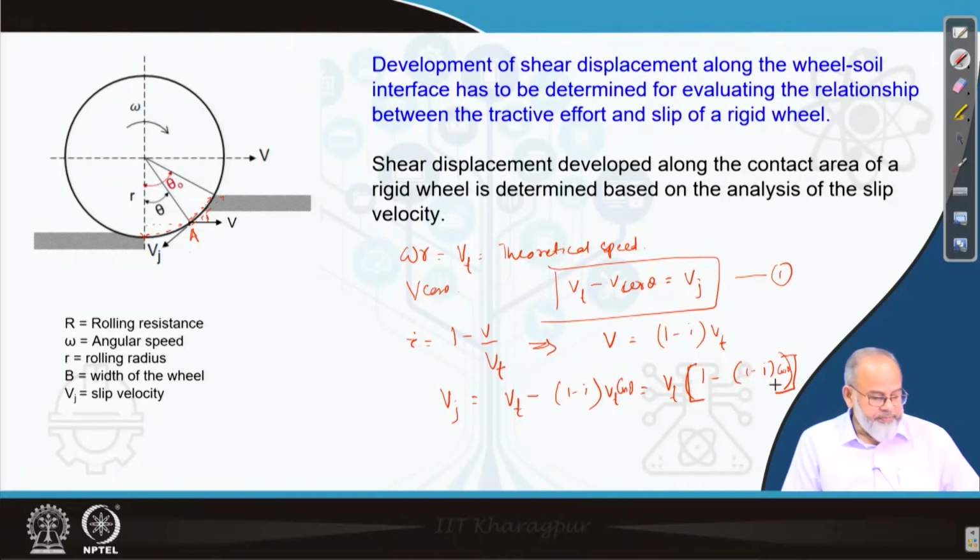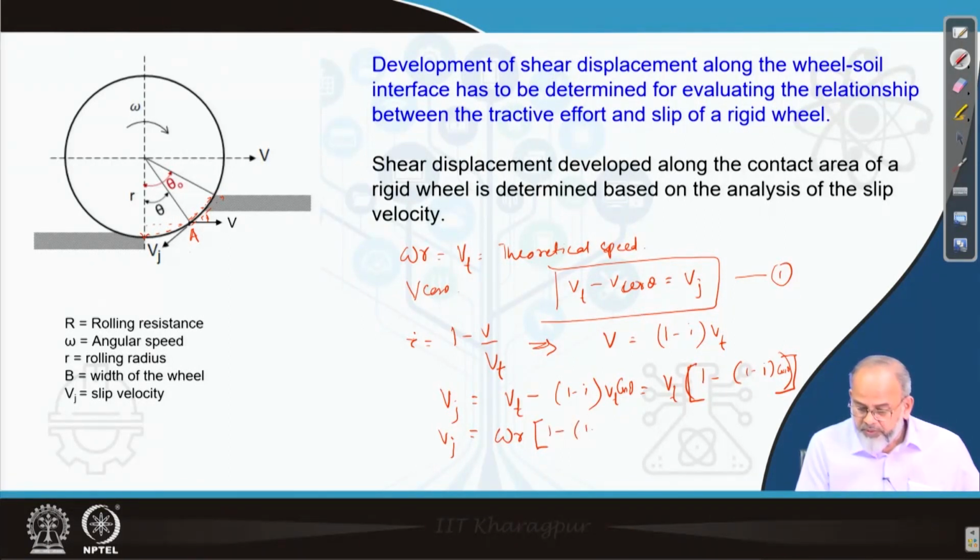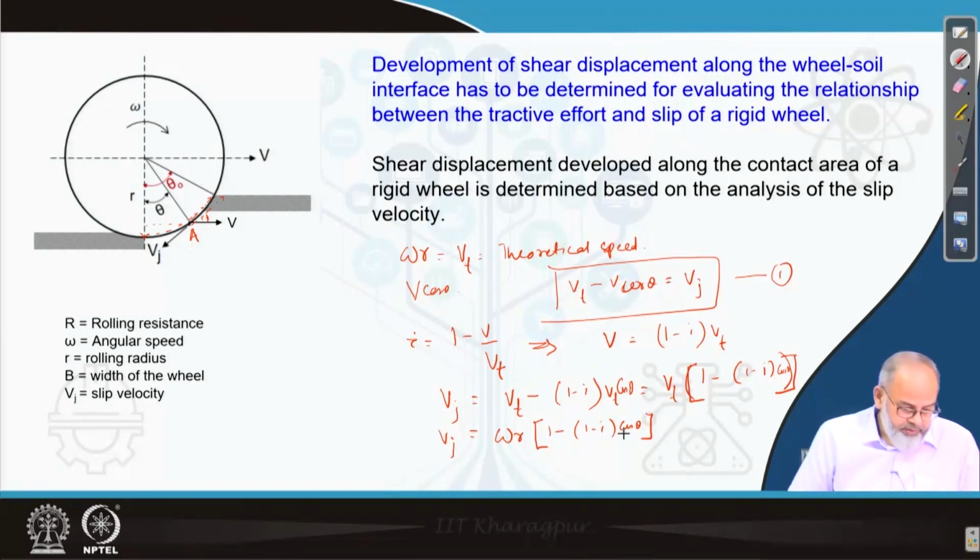Now Vt is nothing but omega r, the theoretical speed. So finally Vj can be written as omega r times i times cos theta, where i is the slip.